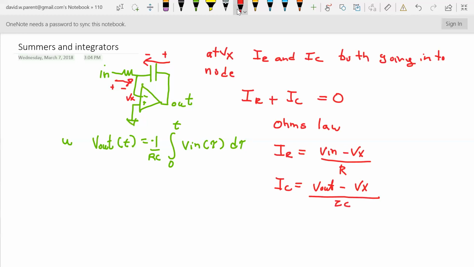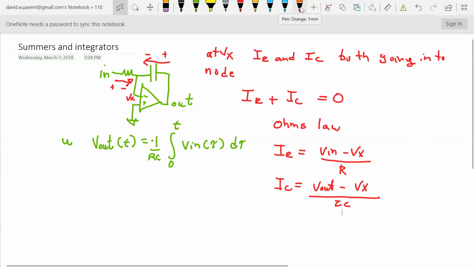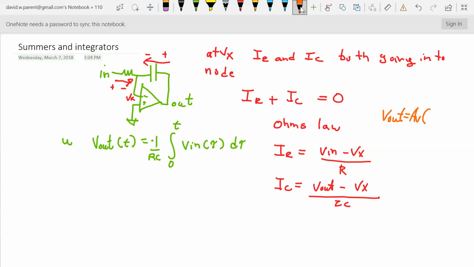Now, yeah, there's another equation that needs to be used here if we were just doing it from basic principles. And that is V out equals the open loop gain AV times V plus minus V minus.